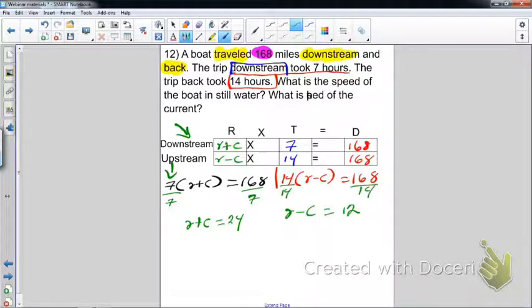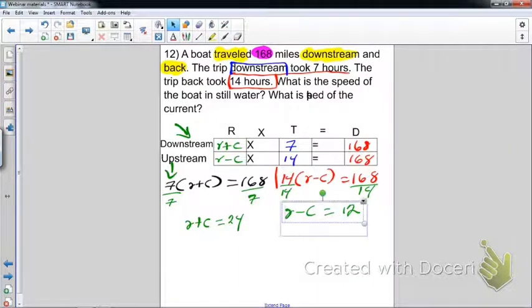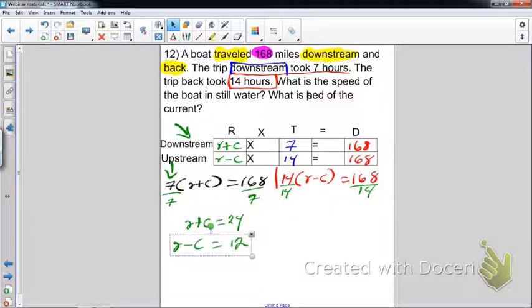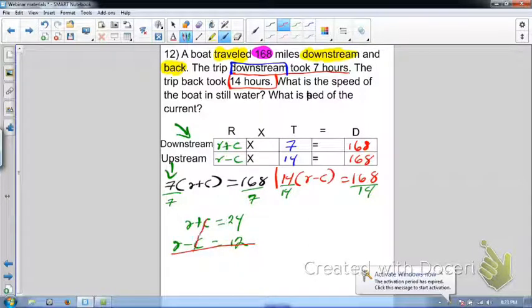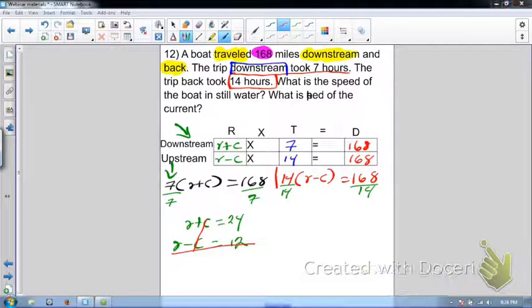And now, what do we have? Well, we have a system of equations. And now we can use the elimination method to solve for one of the variables. So I'm just going to move it over here now so that you can see. And I get to add vertically. And it just so happens that the c's simplify, and you end up with 2r equal to 36.